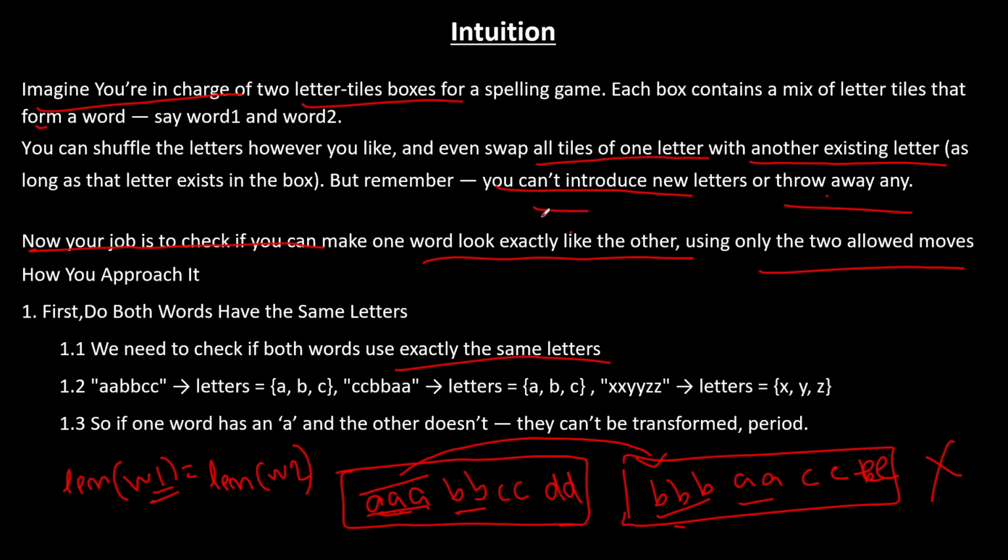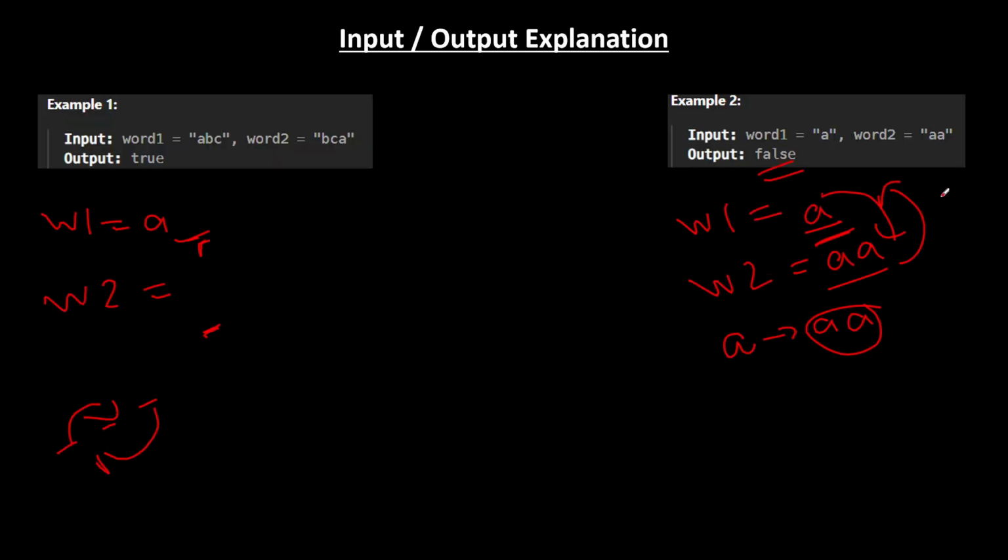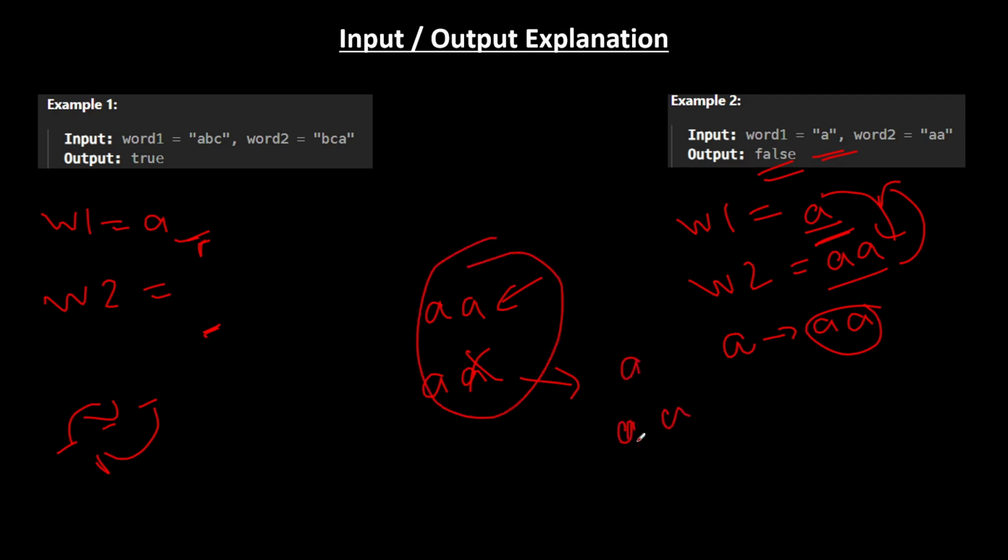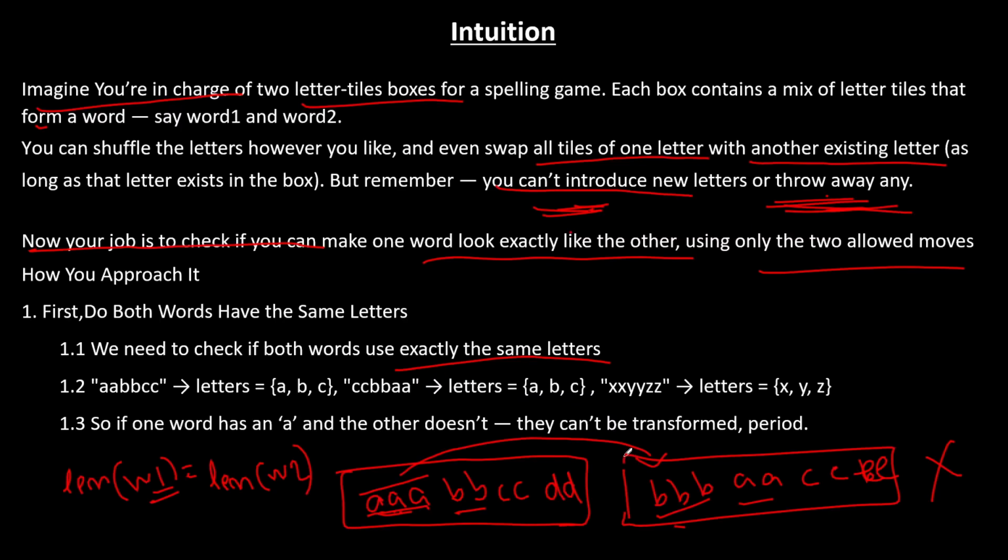As it is written here, you cannot introduce new letters or throw away any letters. Also, as we saw in our example explanation, one A was there and a double A was there. Since you cannot introduce a new A or remove one A, you have to deal with what is given to you, right? These are not equal. From here, we can find that it has D, two D's and two E's.